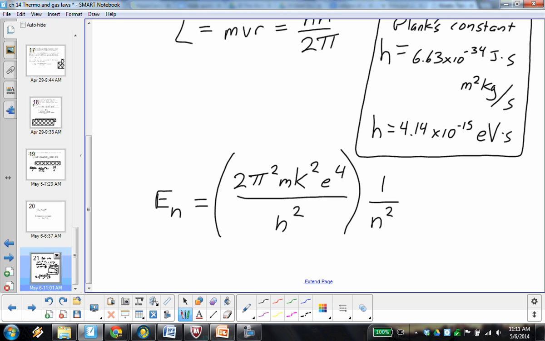All right. So this is the energy of an electron at any particular energy level. The K in this case is Coulomb's law constant. Because we're not dealing with heat, it is not Boltzmann's constant. That's heat, right?